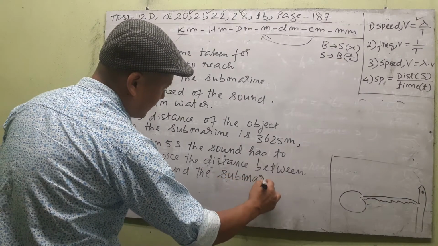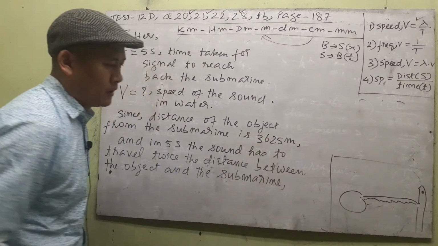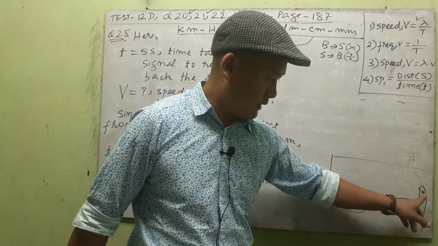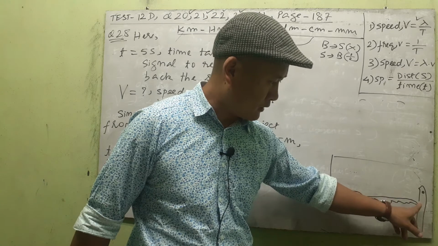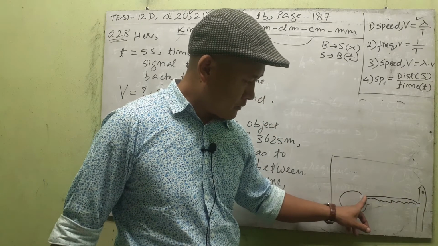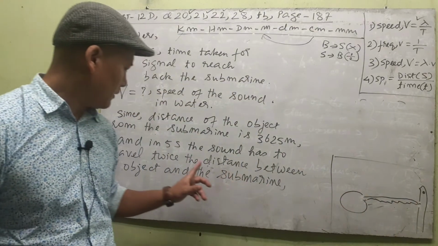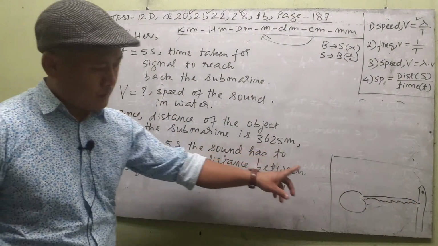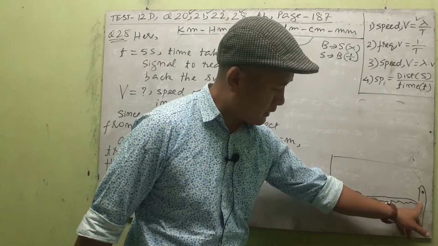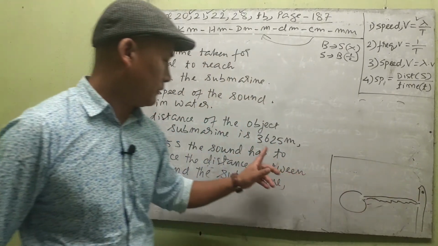I explained already this one, let us repeat once more. Sound is sent from the signal, goes and hits the cliff, the object, let us say a cliff or a mountain underwater, and it will come back. So the distance between this and this is 3625, but the distance actually traveled by the sound would be sent from the submarine, hit the cliff, come back, so double of this.